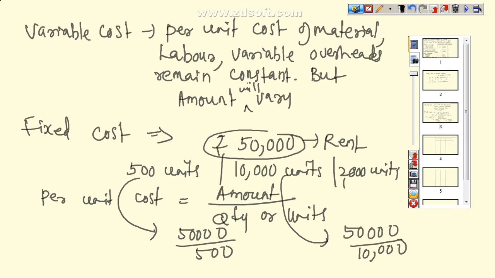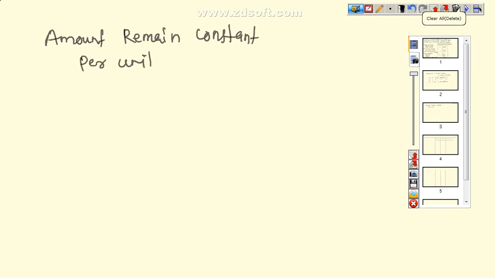And for 2,000 units, 50,000 upon 2,000 units. So we can make the conclusion that in case of fixed cost, amount remains constant and per unit cost will vary.